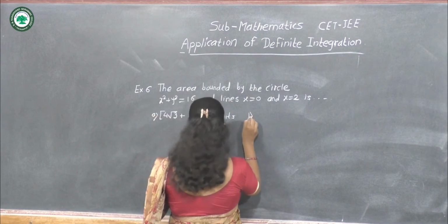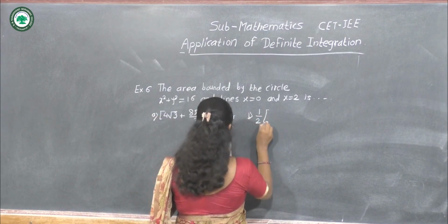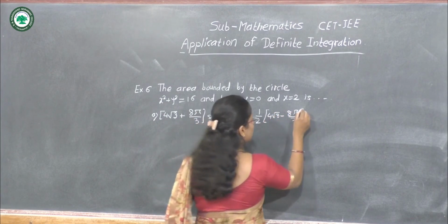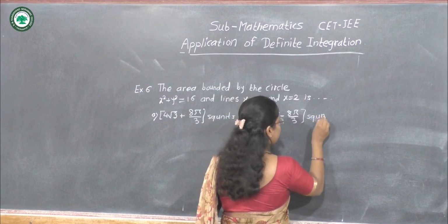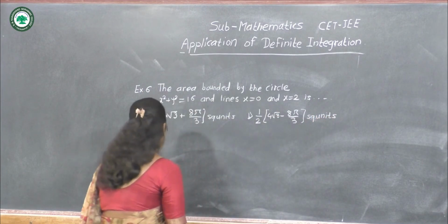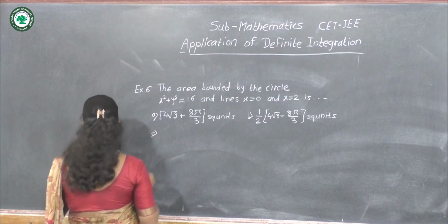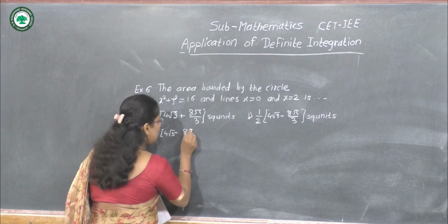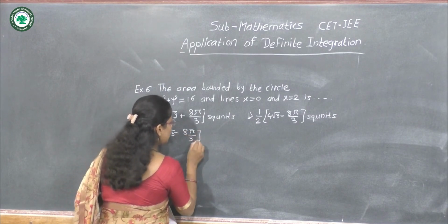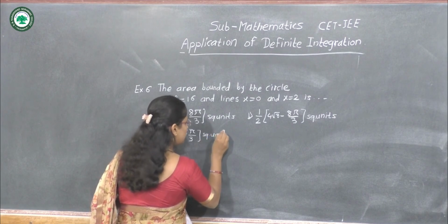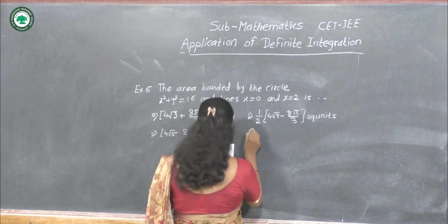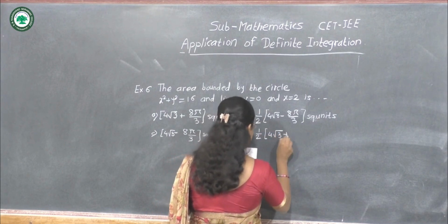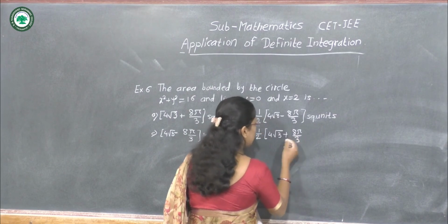Option B, 1 upon 2, 4 root 3 minus 8 pi upon 3 square units. Option C, 4 root 3 minus 8 pi upon 3 square units. And option D, 1 upon 2, 4 root 3 plus 8 pi upon 3 square units.